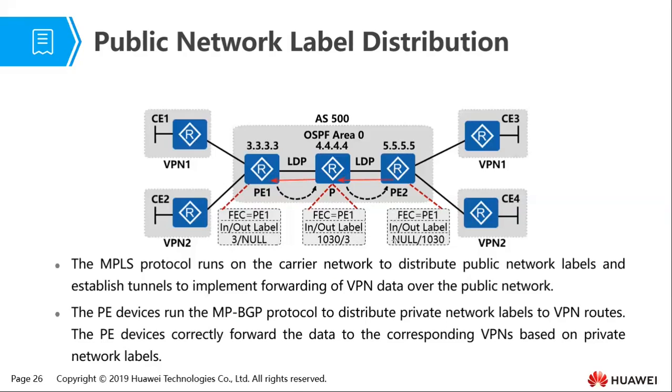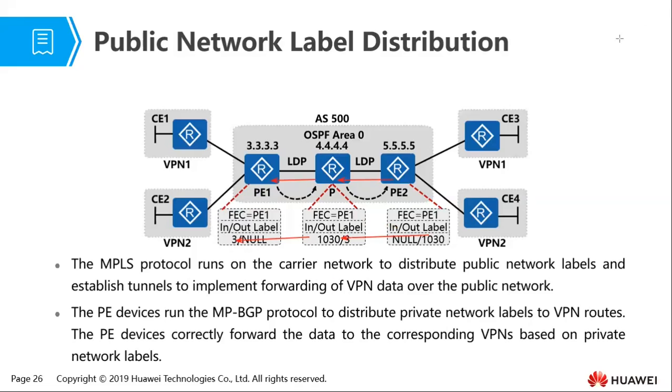So PE2 is going to tell P here that, hey, if you want to come to me, then use 1030. Then this guy is going to tell the other guy, if you want to come to me, use 3, like that.